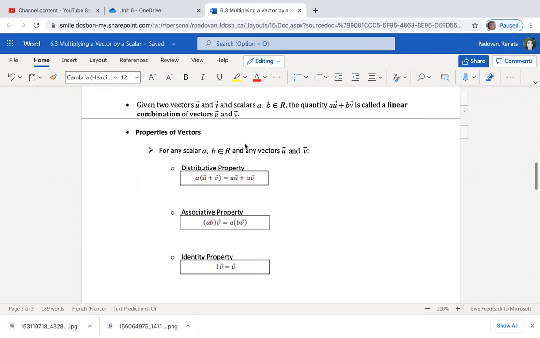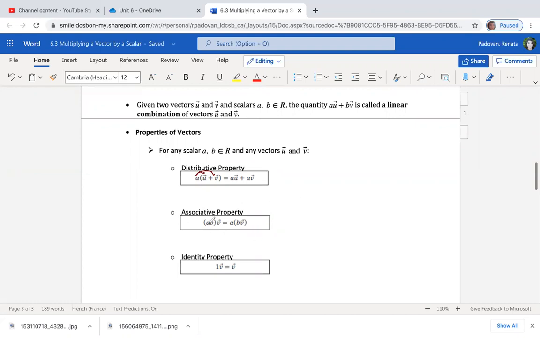If I have A as a constant, just a number out here, multiplied by vector U plus vector V, so in brackets I'm adding vector U and vector V, and we know how to do that from the last lesson. That would be equal to, just to write down here, distributive property, distributing the A, the constant, into the bracket. So just taking the A multiple of vector U and the A multiple of vector V, right?